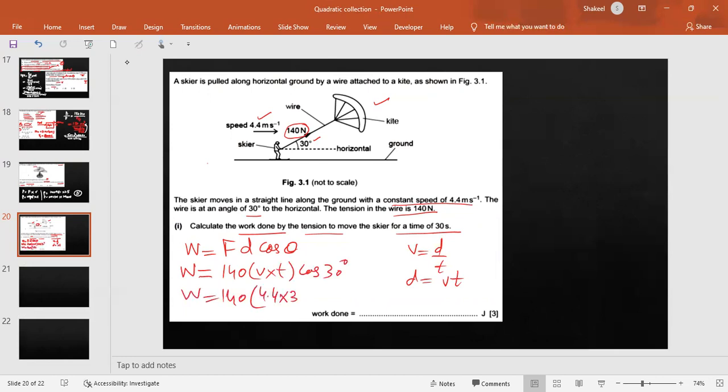How much is time? 30 seconds, and then cos 30. So you'll do the calculation: 140 into 4.4 into 30 into 0.866. That is, well, quite a big number. Yeah, it's 16,000. So 16,000 joule is the answer.